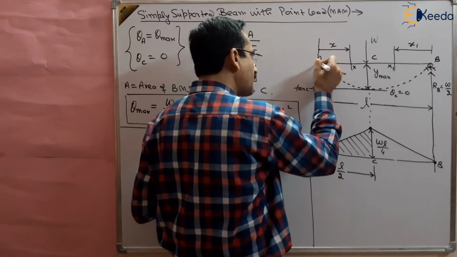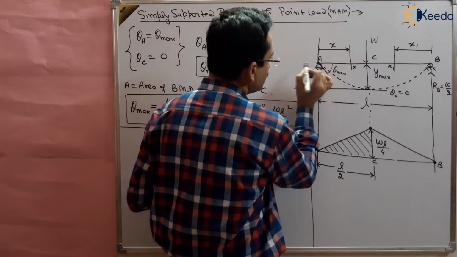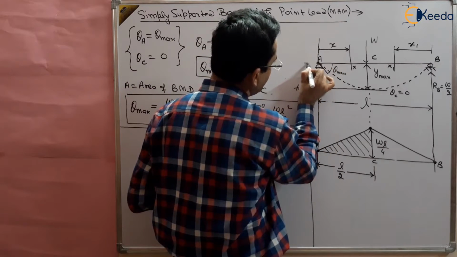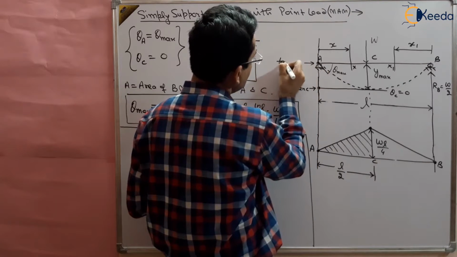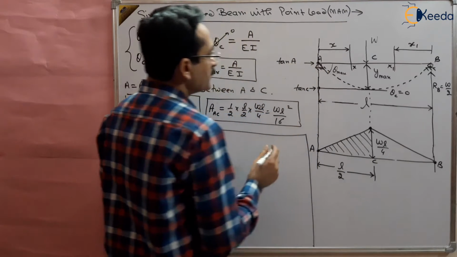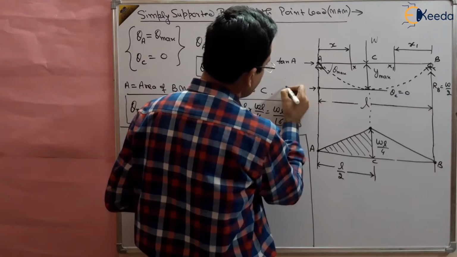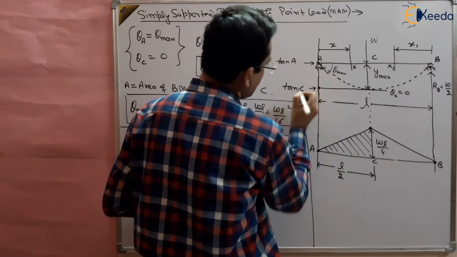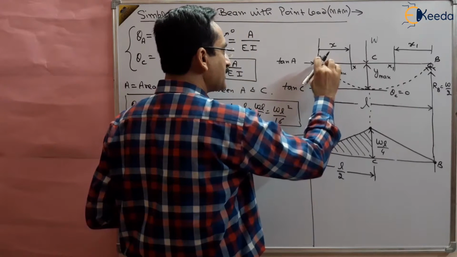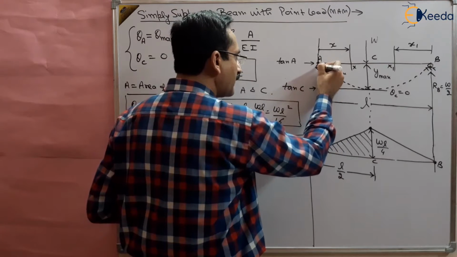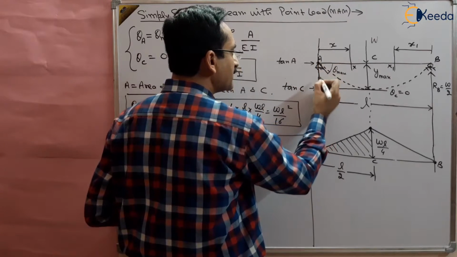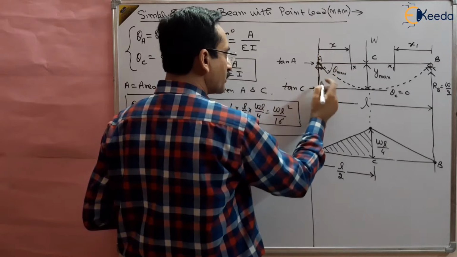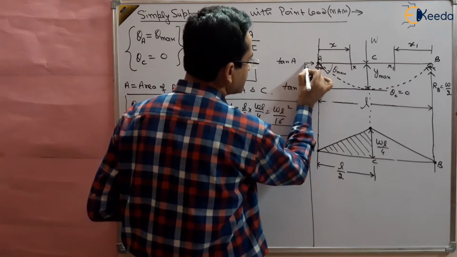So the tangent at A is crossing from this point, so this is the tangent at A. One of the tangents should pass through this point, and another, the tangent at A, is passing through this point, and when two tangents cross this point, this length will be the Y max, right?